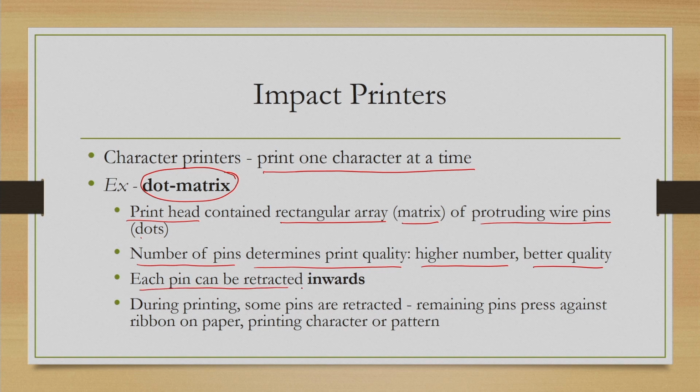Each pin can be retracted inwards. During printing, some pins are retracted, whereas the remaining pins press against the ribbon on paper, giving the impression of a particular character or pattern. So, here the objective is to control the pins or the dots, which pins to let impact on the ribbon and which pins to pull back inwards.